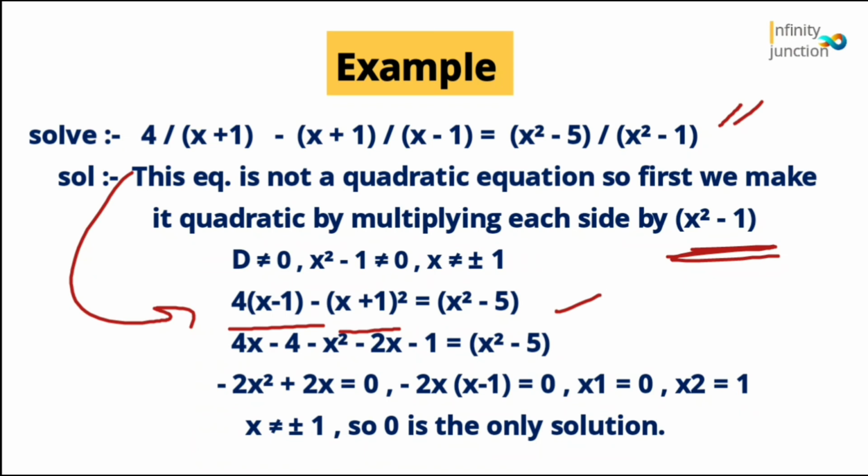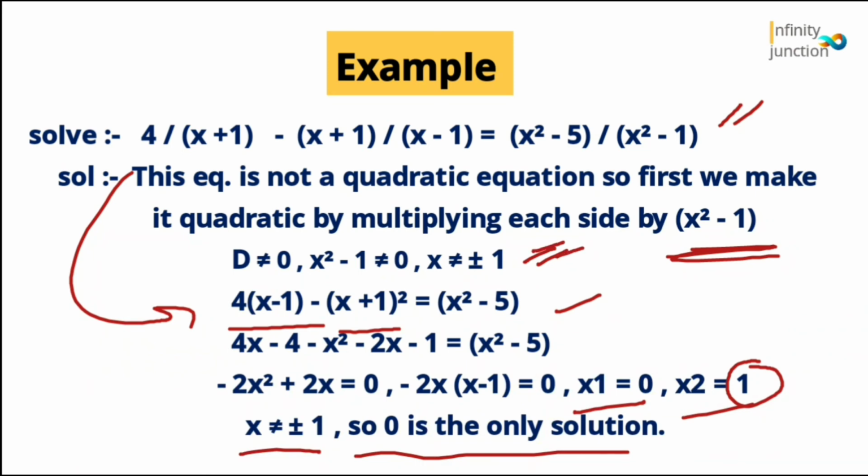Now if you take the LCM, the condition is x square minus 1 is not equal to 0, so x is clearly not equal to plus or minus 1. Now if you solve this equation, you will come up with two roots: x1 equals 0 and x2 equals 1. Since x is not equal to plus or minus 1, 0 is the only solution of this equation, because x equal to 1 is the second root, and the condition is x is not equal to plus or minus 1.